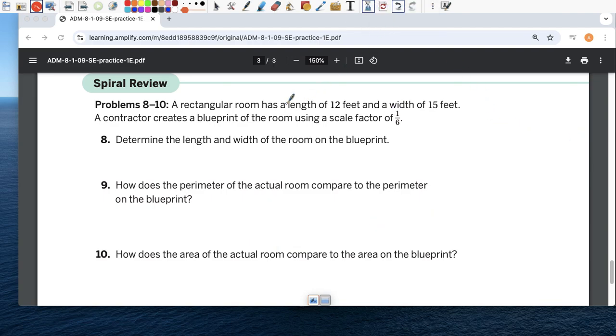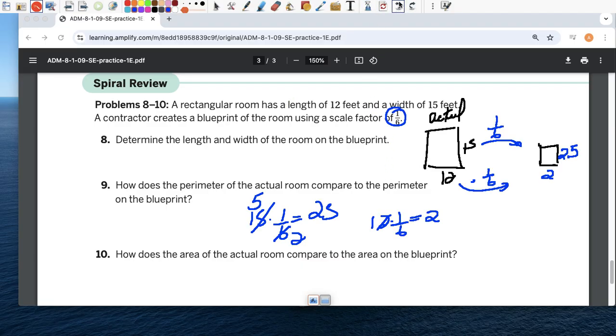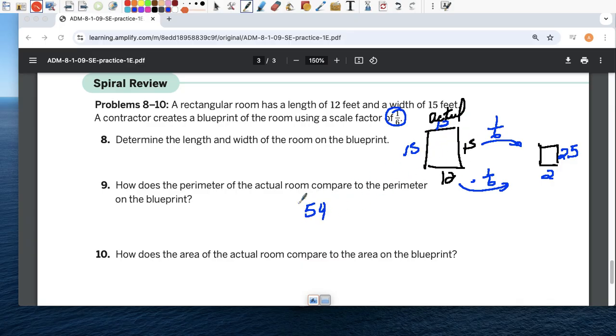How does the perimeter of the actual room compare to the perimeter of the blueprint? Oops, I need the picture back. Well, if you look at the perimeter of the original one, it was 12, 15, which means this is 15, this is 12. 15 and 15 is 30, plus 24 is 54. So the original perimeter is 54, and after the reduction, what's the perimeter?